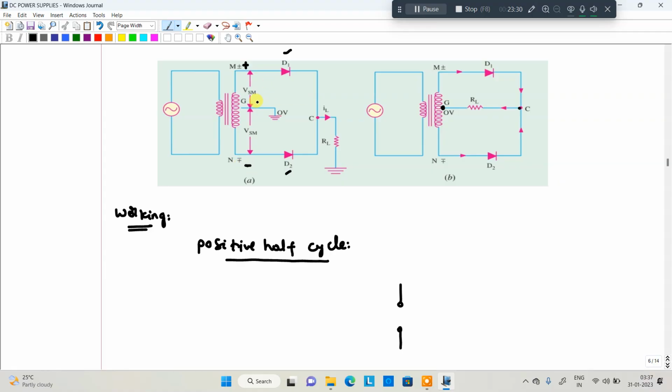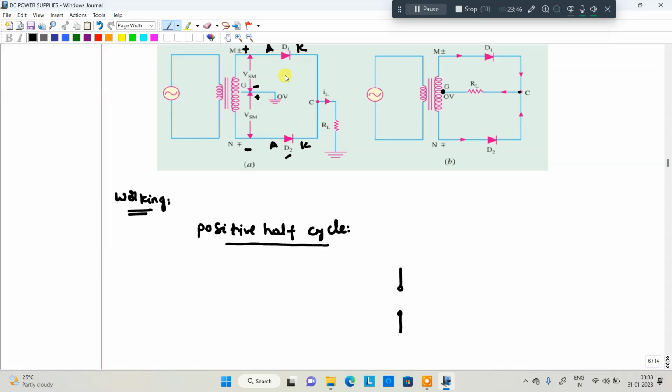That means D1 is forward biased because the anode is connected here and the cathode is connected here. Negative terminal connected to the anode is reverse bias. Positive terminal connected to the anode is forward bias. That means in this particular case D1 is conducting, it is in the on state.